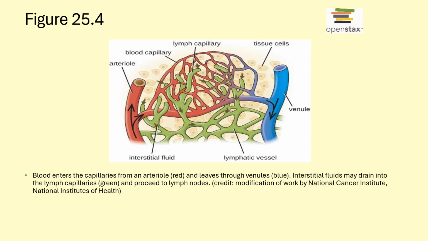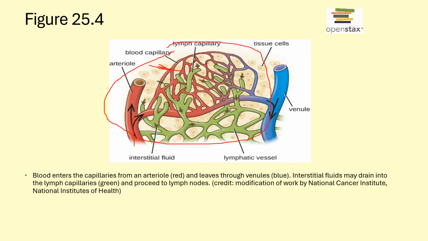So, brief anatomy lesson here. You have your blood coming in over here on the left, and the red is the arteriole. It's flowing in. This is referred to as the capillary bed, where the blood is going to now flow through the capillaries, which are the smaller diameter. The wall of the vessels is only one cell thick. It's one layer. This is where all of the exchange is occurring.